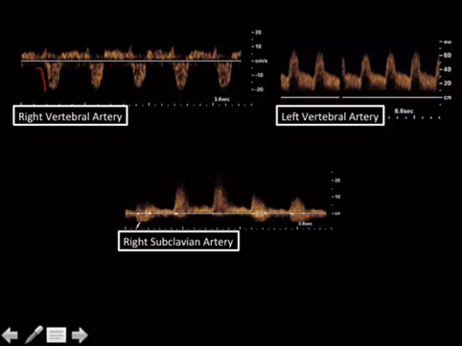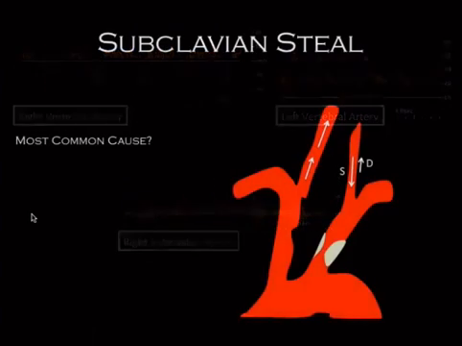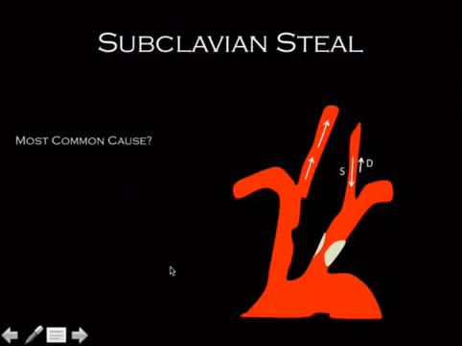So let's just go through it really fast. We've got delayed upstroke in our right subclavian, which is telling you there's an area of severe stenosis there. Left side vertebral, that's normal. Right-sided vertebral is having reversed flow. So that's just the general idea: this is a normal side over here, and you've got an area of high-grade stenosis.